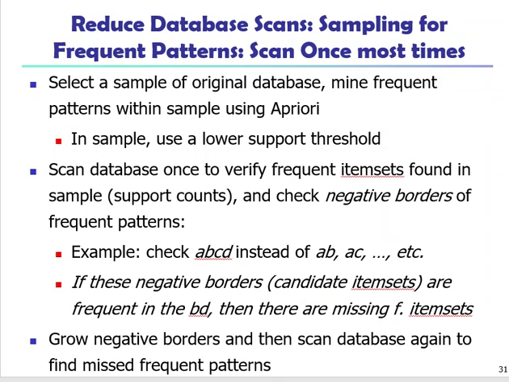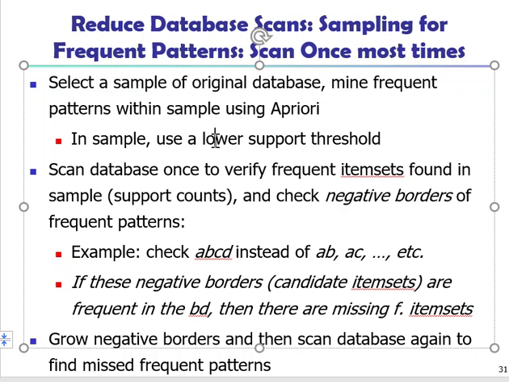Another method that can reduce database scans is to use sampling. The original database may be very large, but we can select just a sample, using a very low support threshold for the sample.